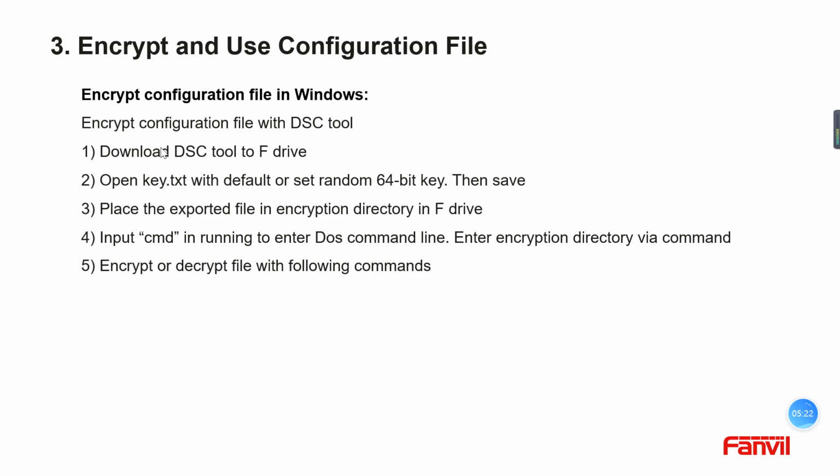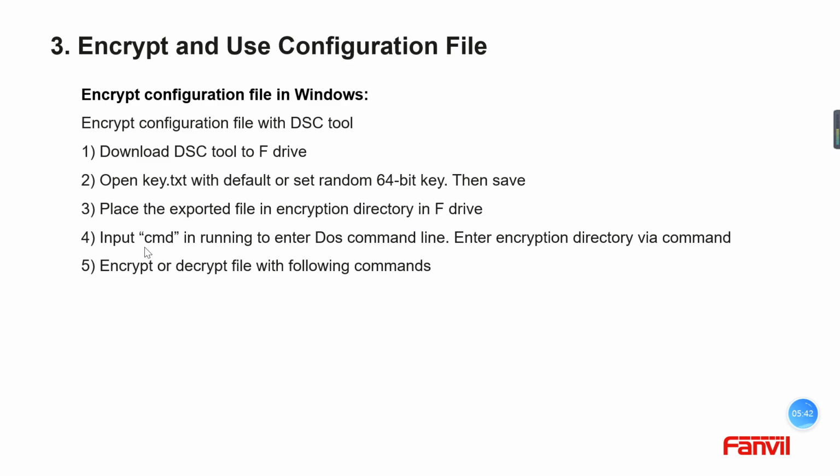Firstly, we need to download the tool and install it under Windows. And we also need to open the key and then place the exported file in the F drive directly.